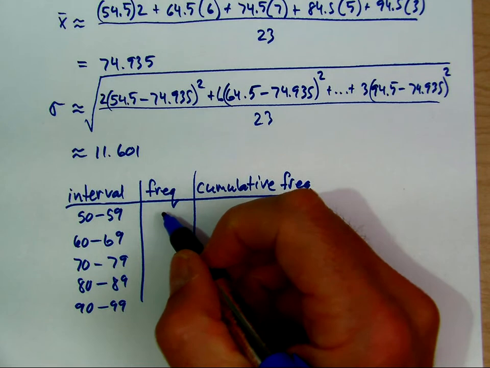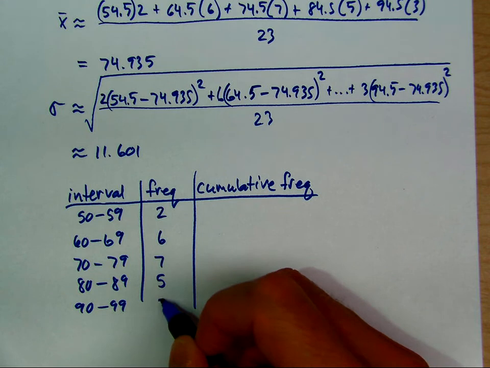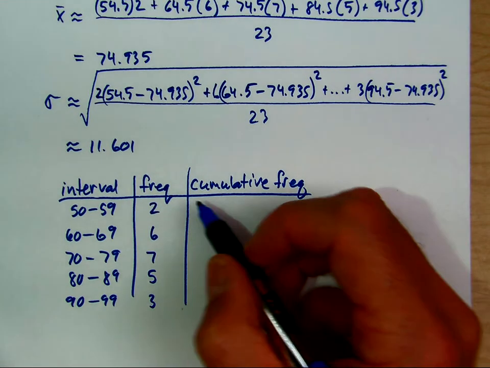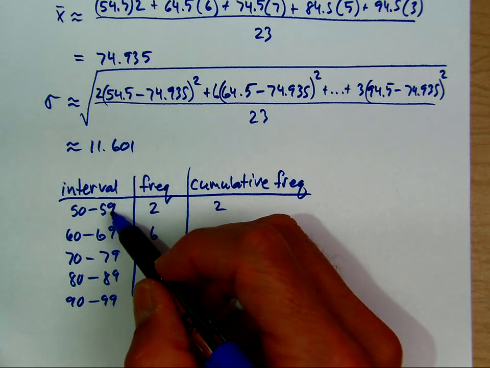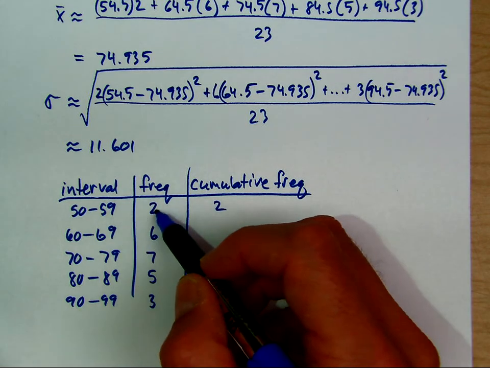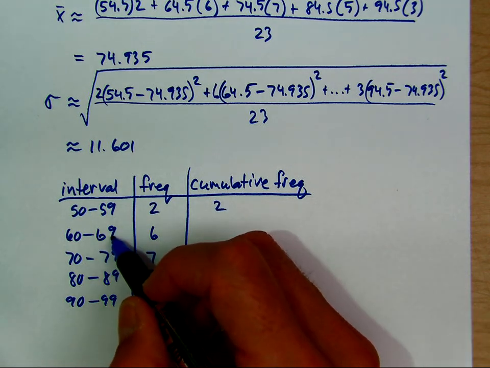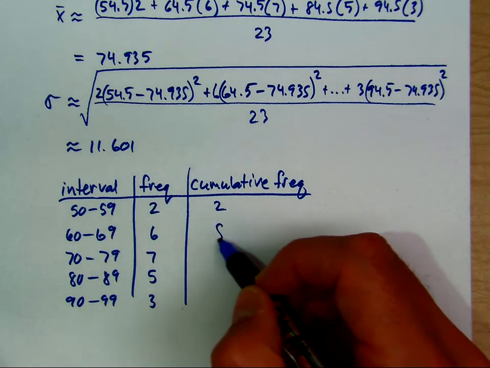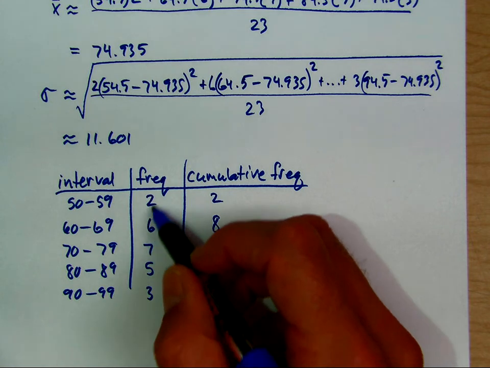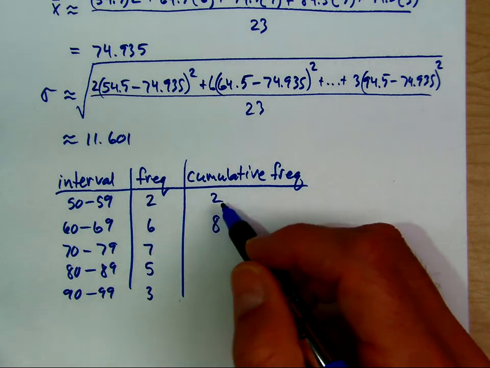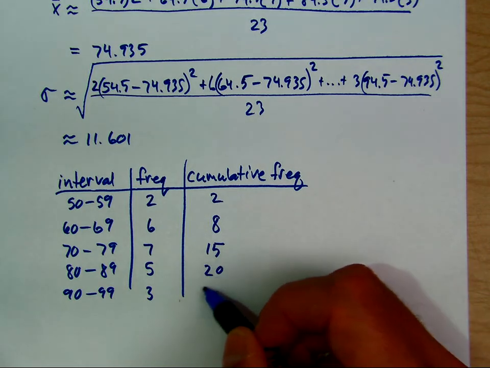Let me just copy the frequencies. Cumulative frequency is just going to be all the numbers that are less than or equal to 59. There's 2 of them. Now it's going to be all the numbers that are less than or equal to 69. Well, there's 6 here and 2 there, so now it's 8. All the numbers less than or equal to 79 is going to be the sum of all of these, so that's going to be 15. And then we have a 20 and a 23.